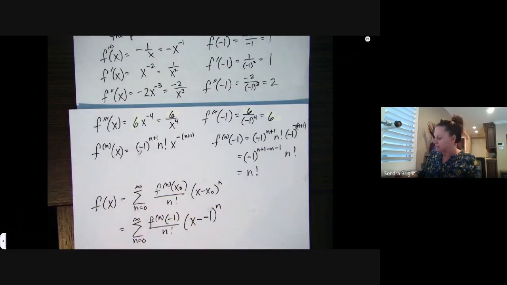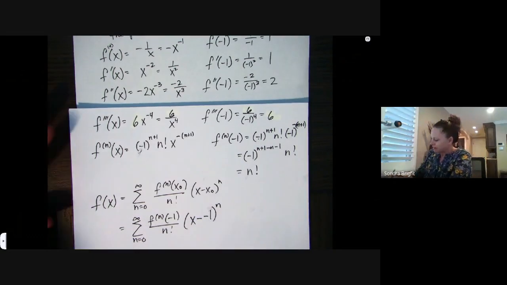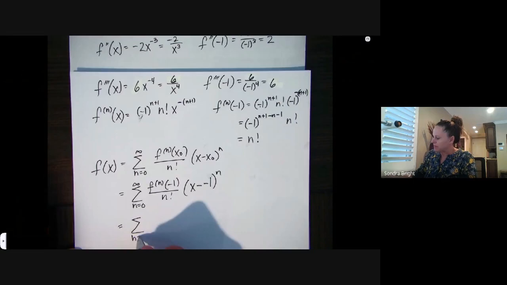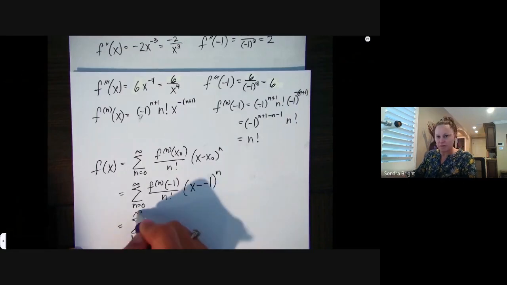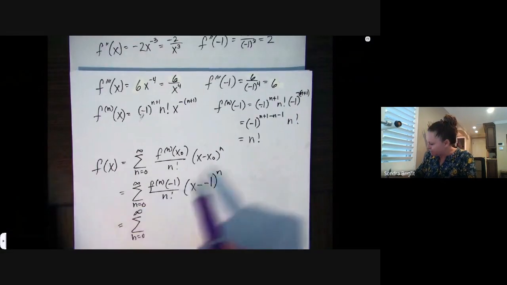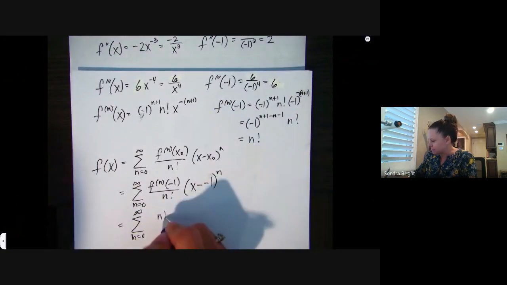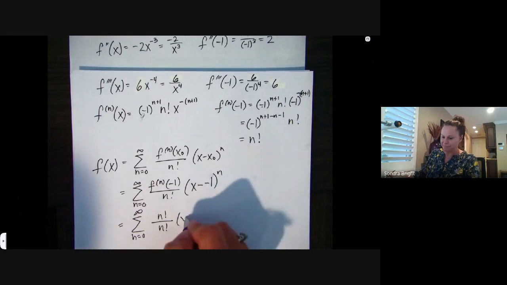And so, what do we get here? We just figured out that the nth derivative at negative 1 was n factorial. So let's replace that. That's n factorial over, I still have an n factorial there, times x plus 1 to the nth power.